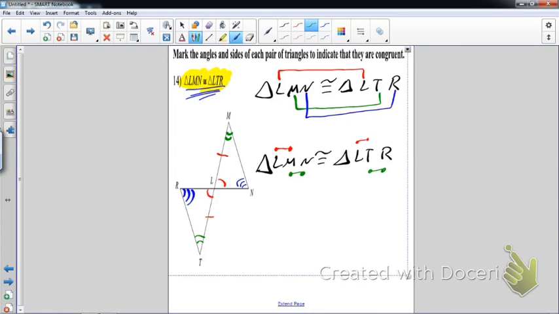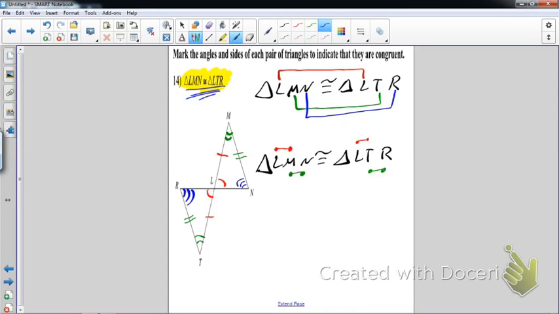Okay? So once again, look at what I'm doing. I'm trying to make you understand that these are line segments. They are not angles that I'm doing now. Okay, so I'm going from M to N. I'm going to make two little markings there, and then I'm going to say that from T to R has two little markings, so I know that these two sides are congruent. Remember, I'm trying to show you how to create a mapping so that we can say that these two triangles are congruent.